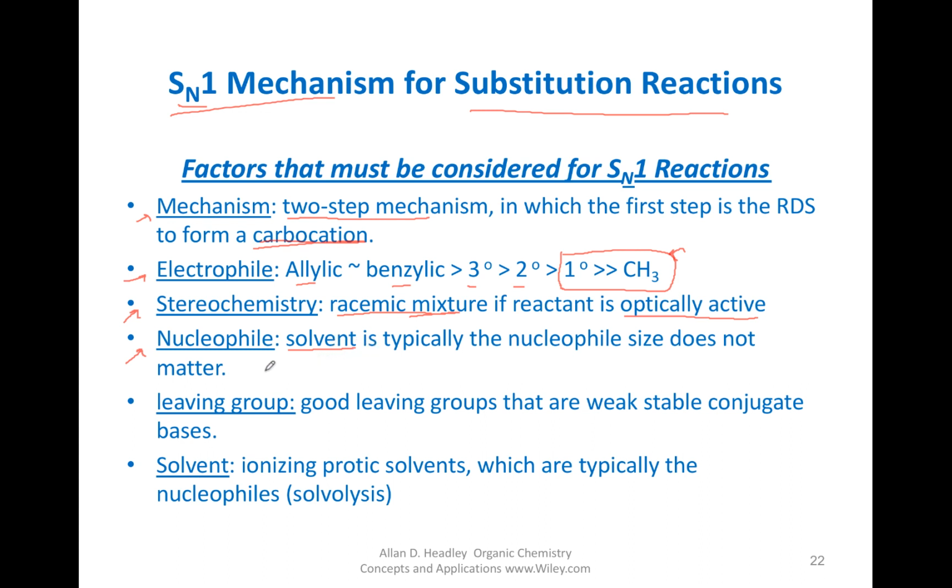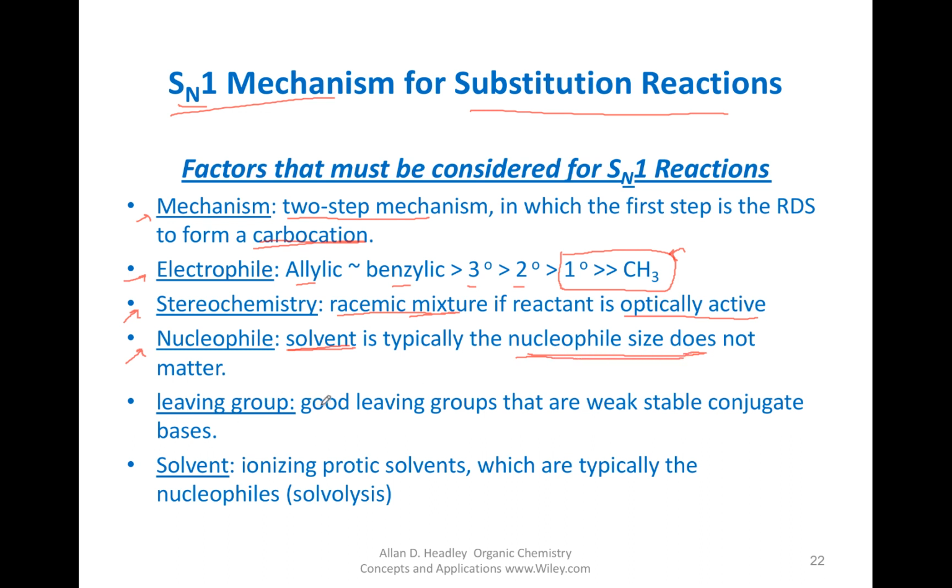And that's why these reactions are also referred to as solvolysis. Solvolysis because the solvent is the nucleophile. So you can imagine that size does not matter because that's in the fast step. Because the step that determines the overall rate of the reaction is the RDS. And the nucleophile is not used in the RDS but in the fast step.